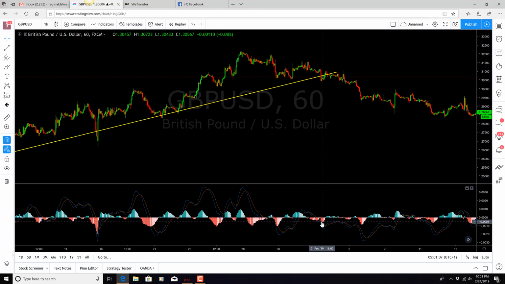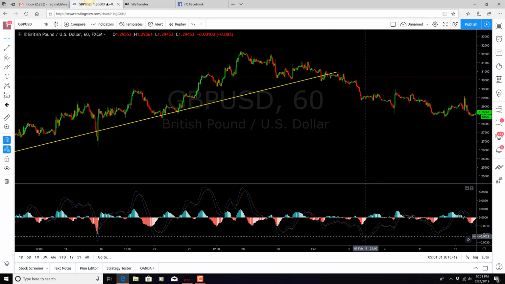Now we're at the point where it crosses over, which is where the trend line break is. So you've got that dark red there. Then it went back up above it a little bit, but notice the MACD lines are still below the volume bars, hanging below that.